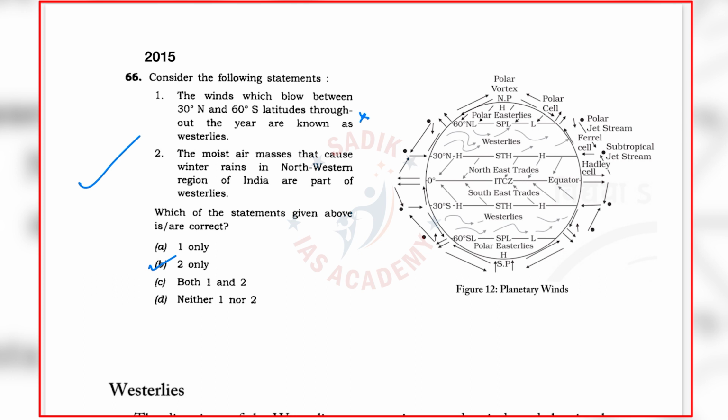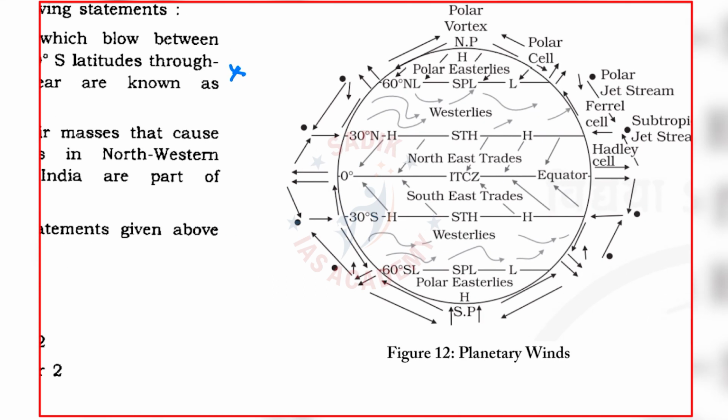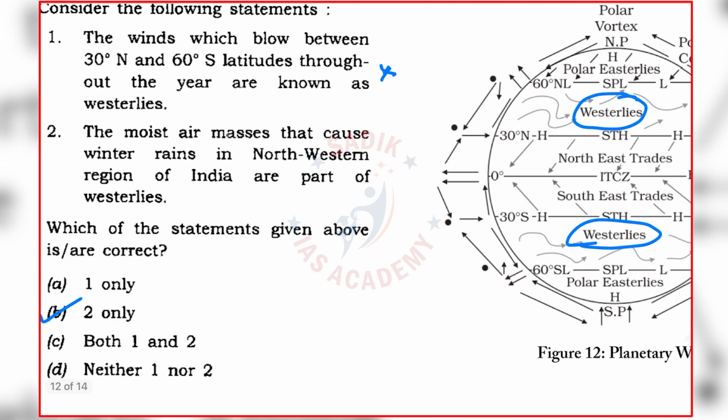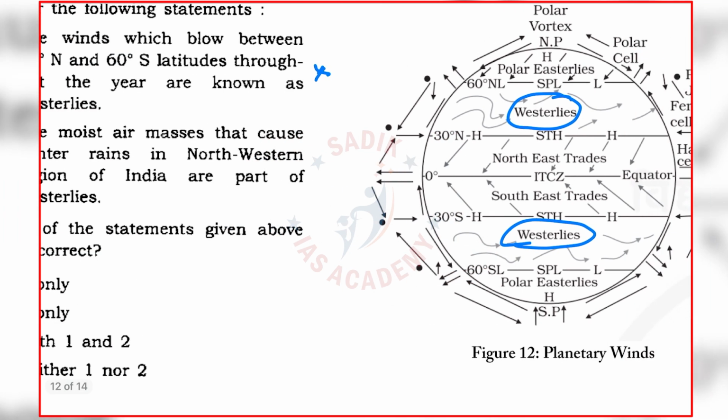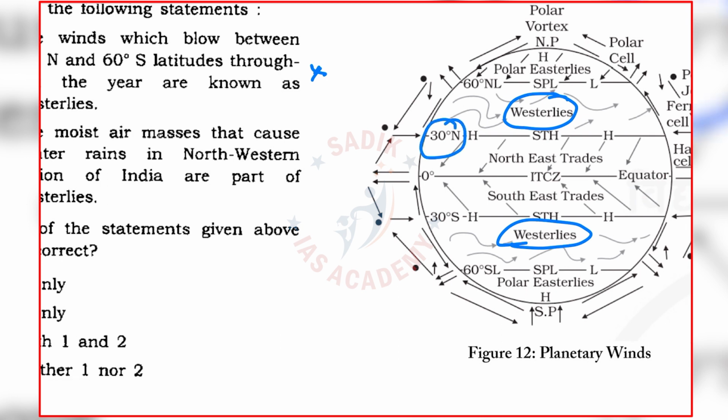Consider the following statement: the winds which blow between 30 degree north and 60 degree latitudes throughout the year are known as westerlies. See, we have given westerlies here. But see the question: 30 degree north, 60 degree south. This is 30 degree north, and this is 60 degree south.